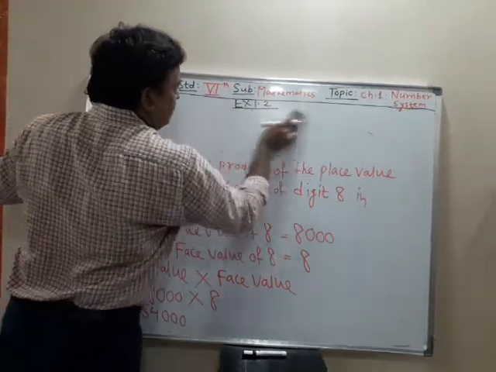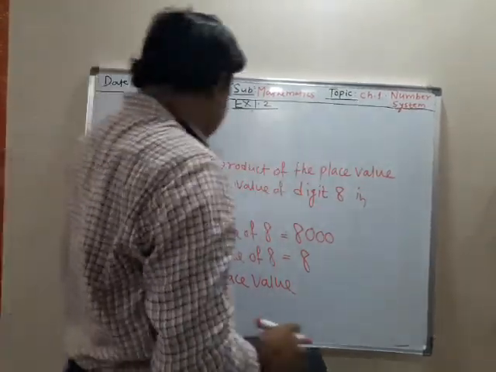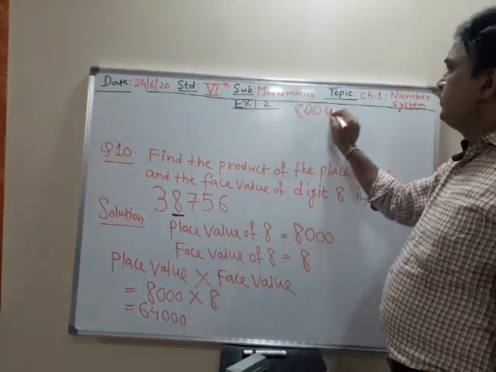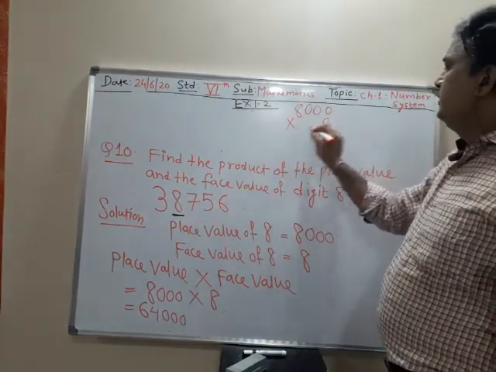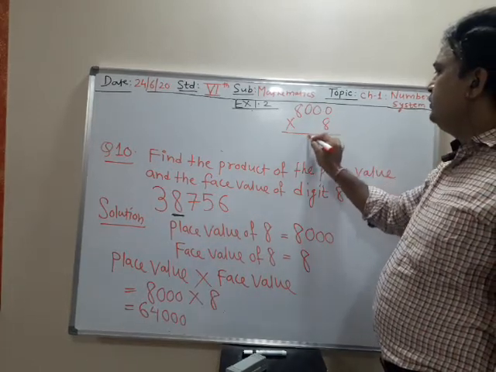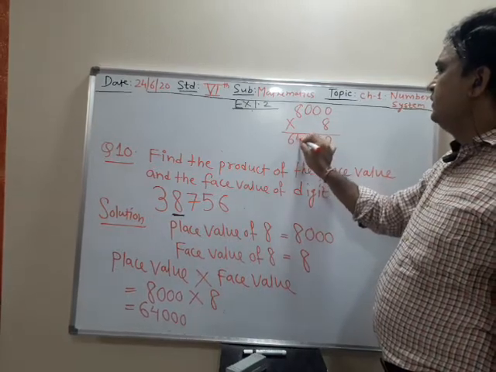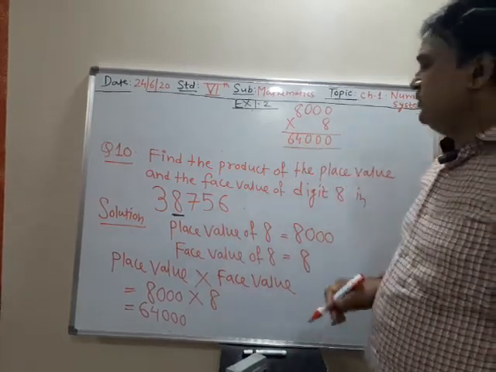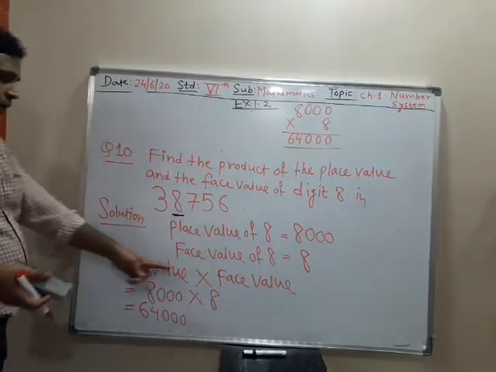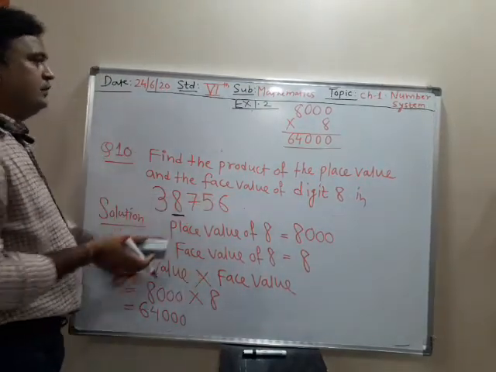It is 64,000. So let me explain the multiplication. This is my 8,000 into 8. 8 into 0, 0, 0, and 8 eights are 64. So this is 64,000. So place value into face value is 64,000.